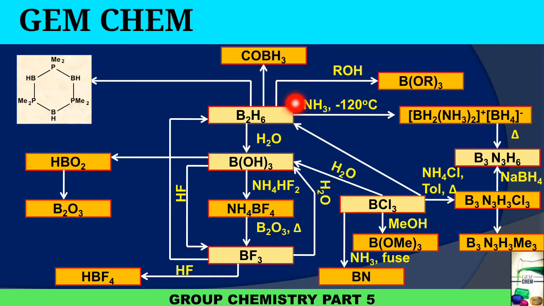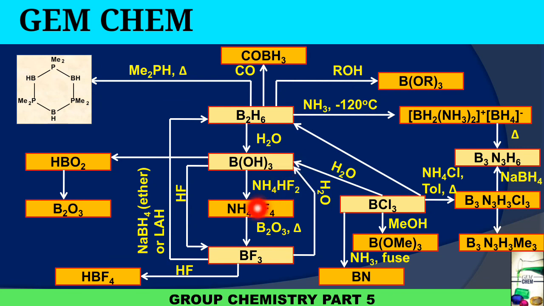And if B2H6 is reacted with ROH, that is any kind of alcohol, we get B(OR)3. Next, B2H6 on reaction with Me2PH and heat forms a sigma skeleton like this. And on reaction with carbon monoxide, it produces COBH3.